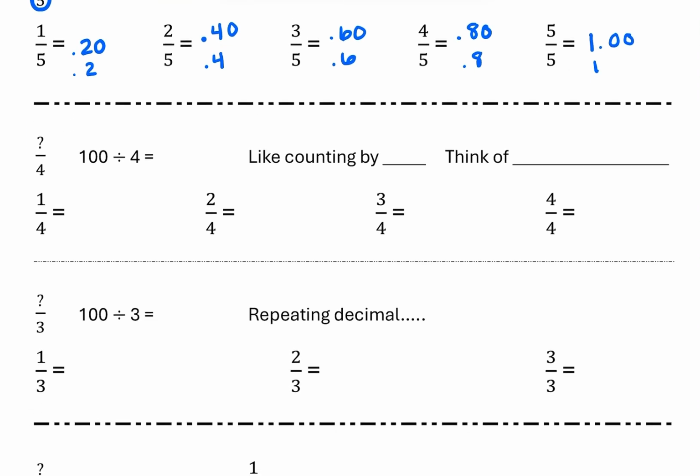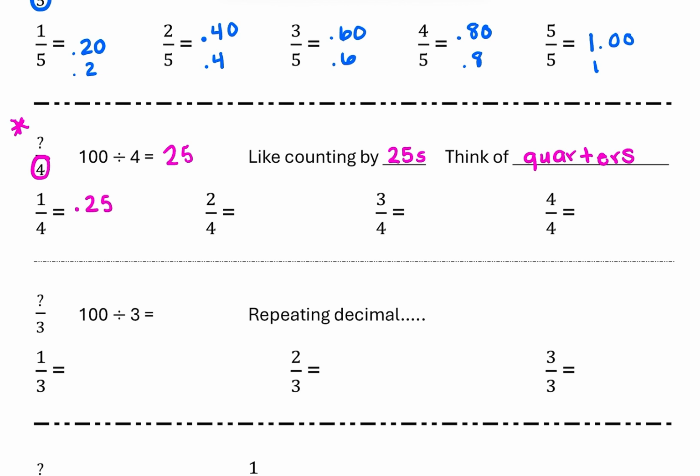All right, this next one, I want you to put a star next to this one because it is super important. We should know this one, okay? If our bottom number is a 4, 100 divided by 4 is 25. So this is like counting by 25s. And with money, that is like quarters. Hopefully we all know how many quarters we have. If I give you 2 quarters, you should know how much money you have. So this is like saying 1 quarter. 1 quarter is 25 cents, so 0.25.